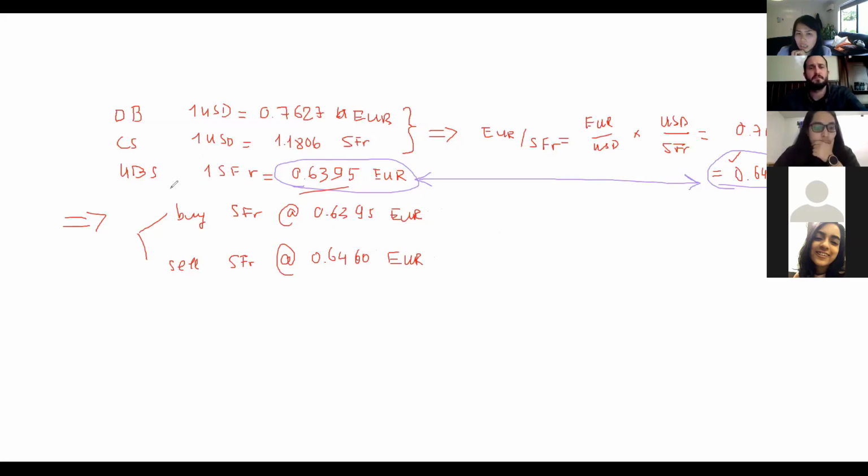Now, the buy transaction is quite straightforward. I'm just going to go to UBS and trade with them directly. UBS allows me to exchange the euro for the franc directly. For the sell transaction, because it involves a cross rate, I'm going to have to go through Dresdner Bank and Credit Suisse, which are the first two banks.